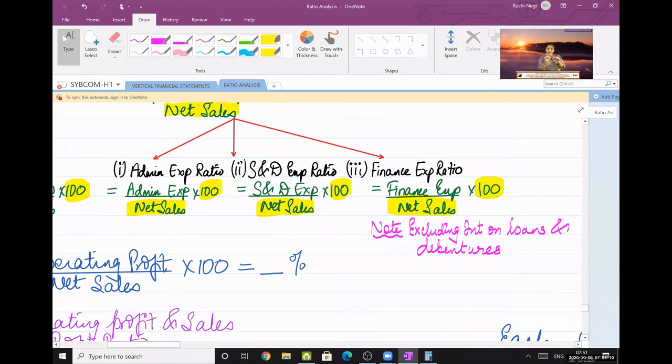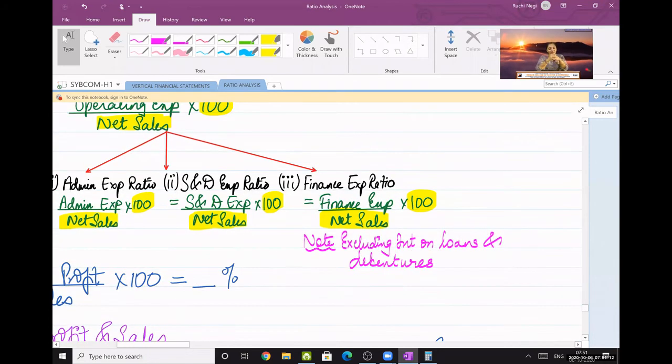We show it separately, I had said, because of the presentation style of the vertical balance sheet, so that the users of the financial statements get a clear picture of how much interest on loans and debentures is paid, because it's borrowed funds. The shareholders or end users should know how much interest you are paying on borrowed funds, and that too it should be mentioned separately.